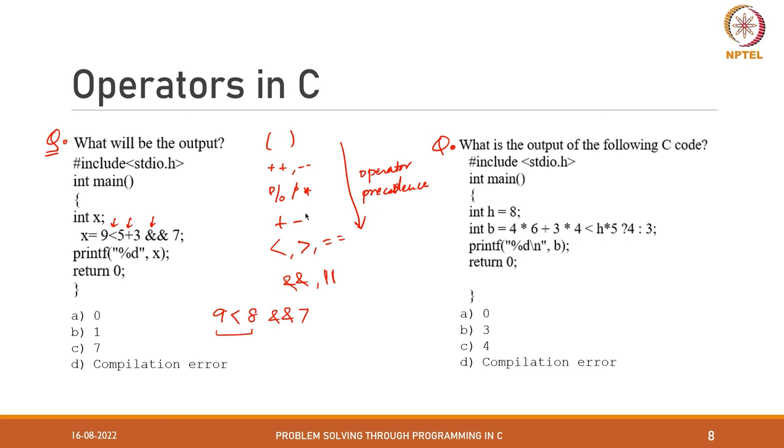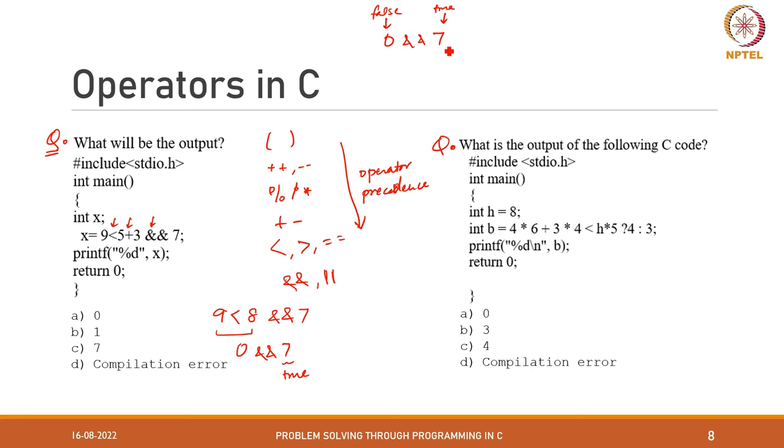Here, 9 less than 8 is definitely a false condition. False in terms of int would be a 0, and then we are doing 0 logical and 7. 7 is taken to be true. If you write 0 and 7, this is false because of the 0, but 7 will be true.